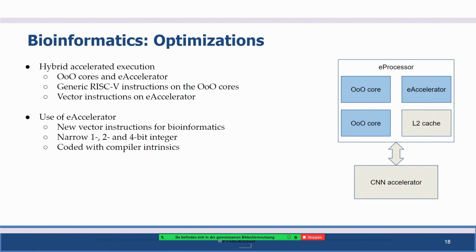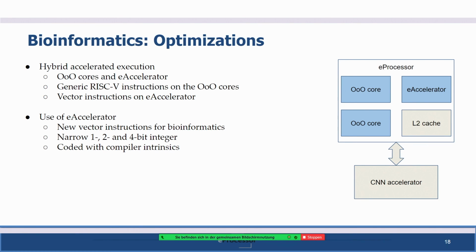For these bioinformatics applications, we're going to optimize them for the eProcessor, also in a hybrid execution model with out-of-order cores and the eAccelerator that is on chip. On the eAccelerator, we are essentially going to use vector instructions.